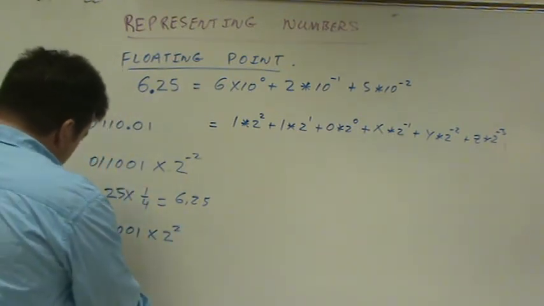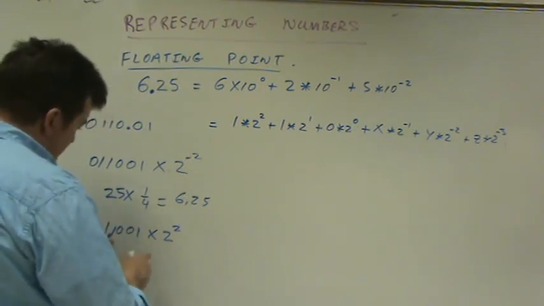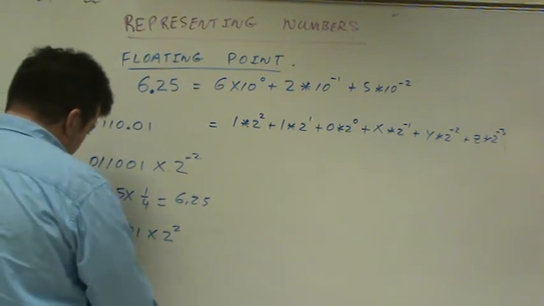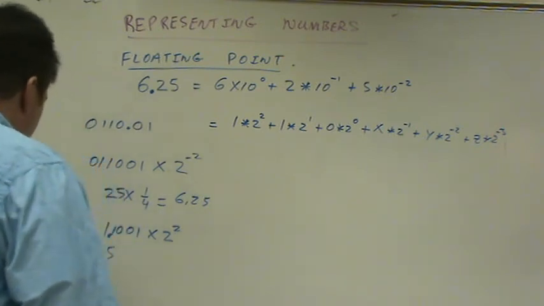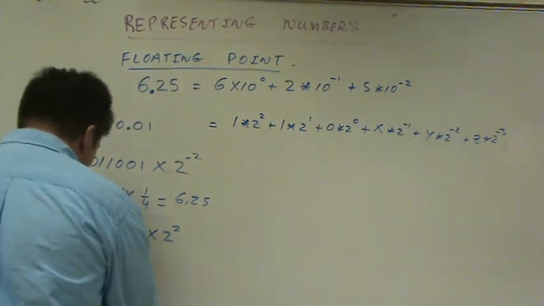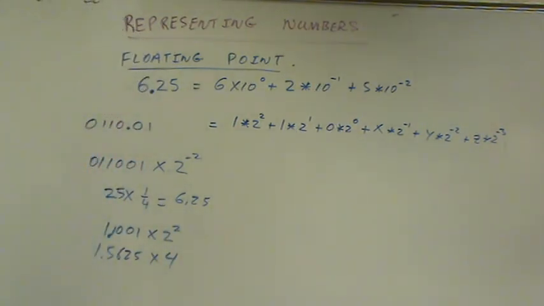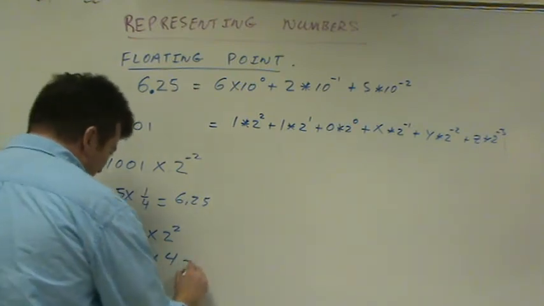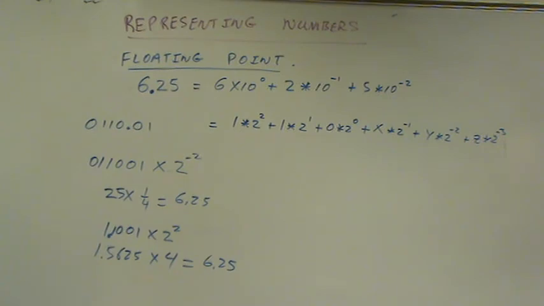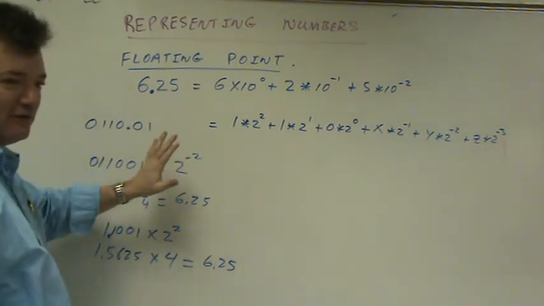And this would be 1.5625 times 4. It's another way of representing it, which comes to 6.25, a decimal again. So the bottom line is, we can move the decimal anywhere we want as long as we keep track of the corresponding exponent.